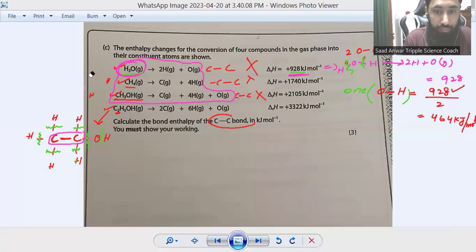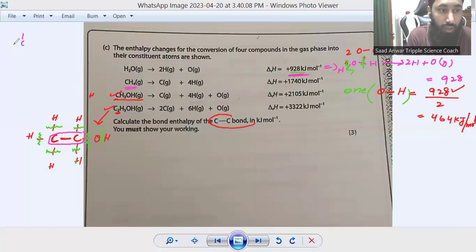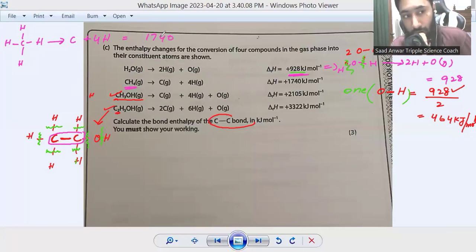Now comes the next, CH4. When you break CH4, you get carbon and 4 hydrogen, and the amount of energy is 1740. So 1740 is the amount of energy needed when you break all the bonds of methane.